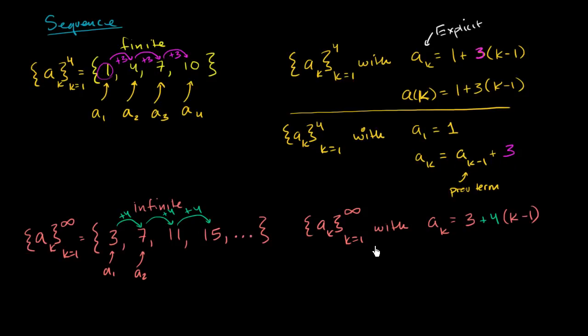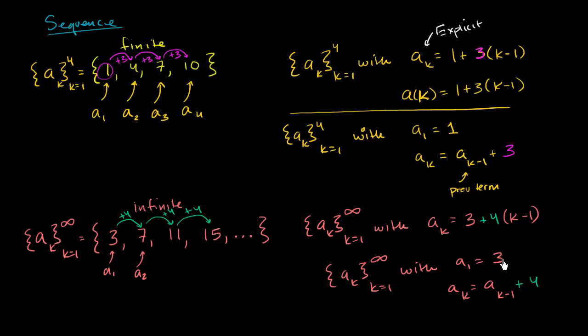So how would we do this one? Well, once again, we could write this as a sub k starting at k, the first term, going to infinity, with our first term, a sub 1, is going to be 3 now. And every successive term, a sub k, is going to be the previous term, a sub k minus 1, plus 4.